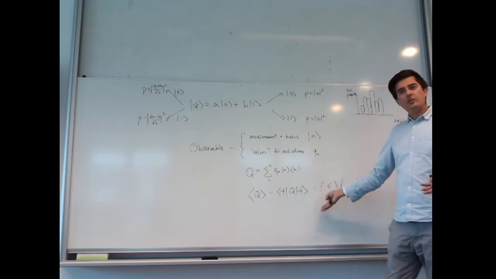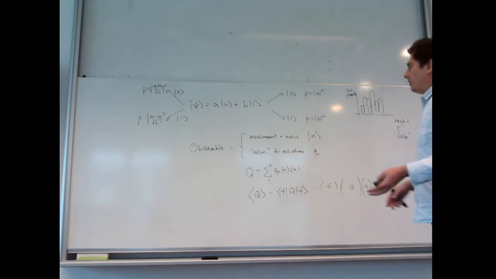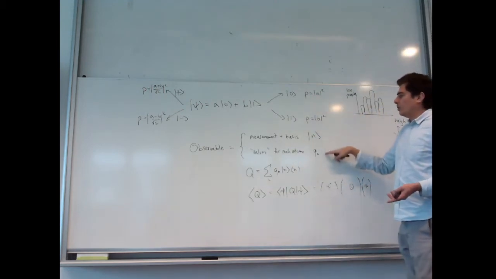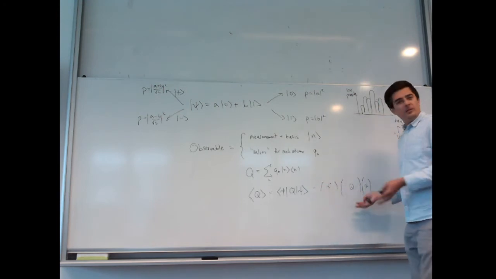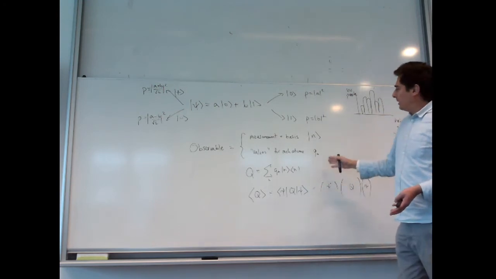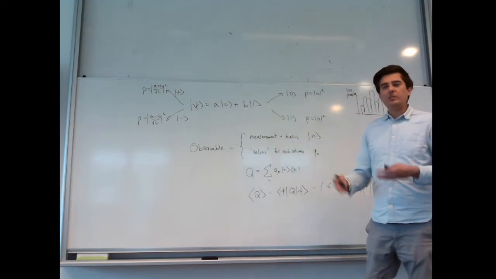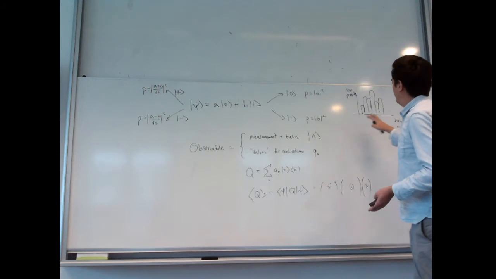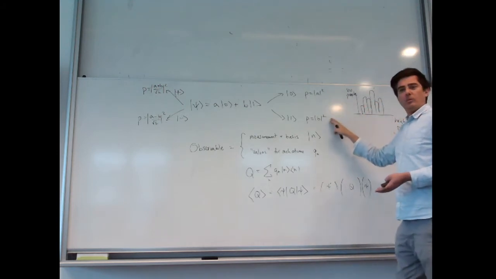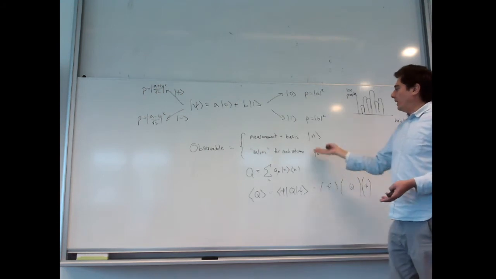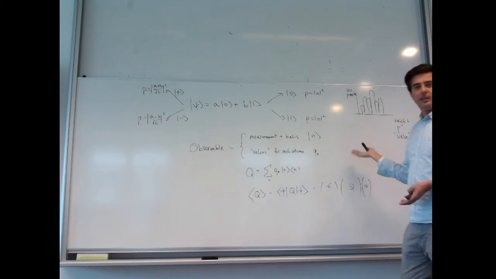That's nice for theorists, but for the people in the lab who are actually doing this, what they actually do is much more like this. They're not multiplying matrices. They're getting their quantum state, measuring it lots and lots of times, getting statistics, some histogram like this, working out the probabilities, and then weighting the probabilities according to these values in order to get the average.